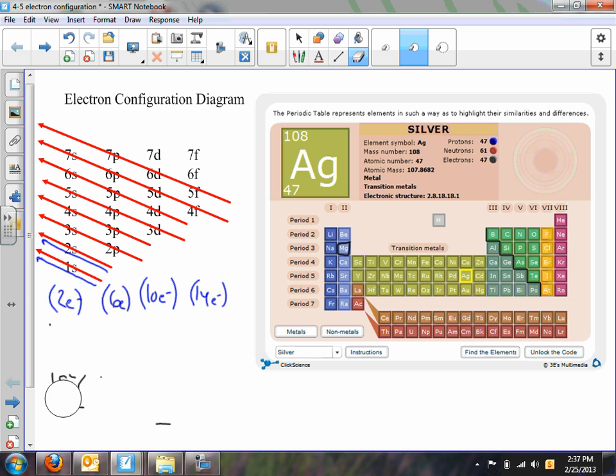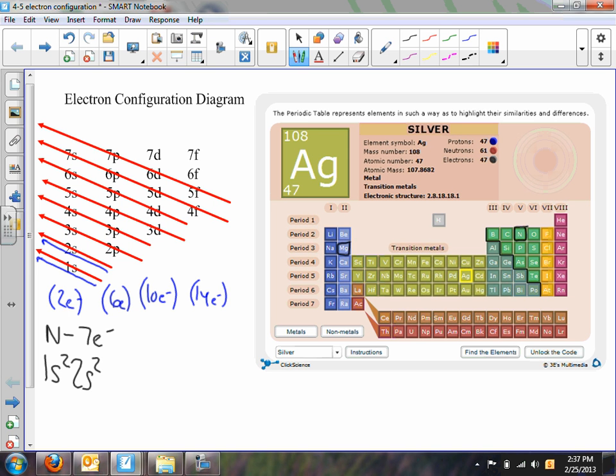If we try another one, let's look at nitrogen. If you look up nitrogen on the periodic table, it's atomic number 7, has 7 protons and 7 electrons. Where do those 7 electrons go? We start with the lowest, 1s, and it can hold 2. It's full. The next lowest is the 2s, and it can hold 2.